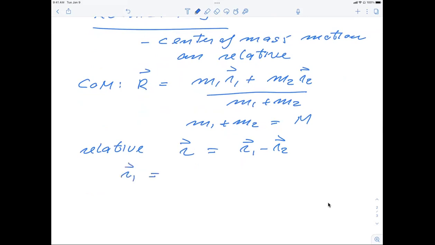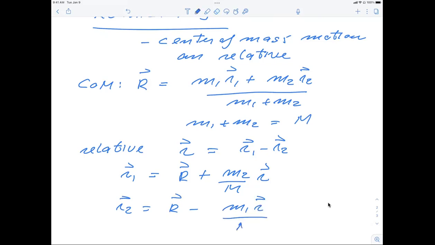We can rewrite R1 in terms of the new coordinates. So this will be given by M2 divided by M, multiplied with the relative distance, and R2 is equal to R minus M1, divided by M. These are just simple manipulations.